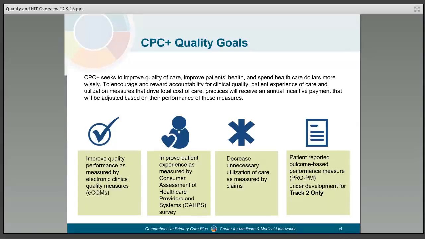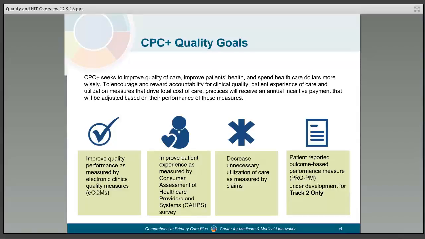And we're also looking at patient experience of care because we think that in a patient-centered medical home, the perception of care that is being received by patients is very important, and we need some way to measure that.